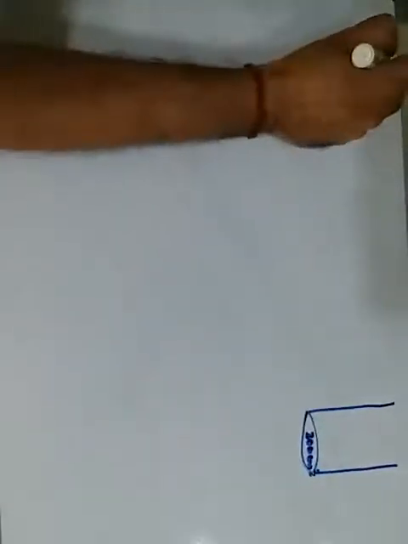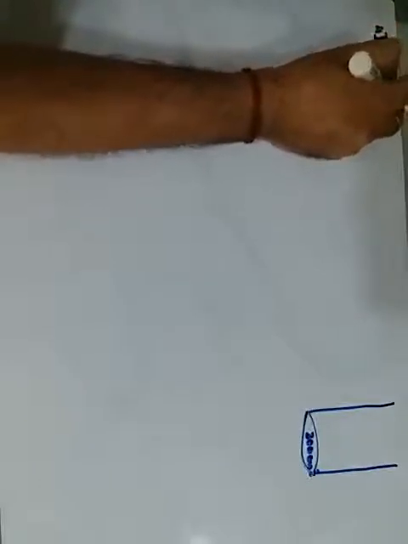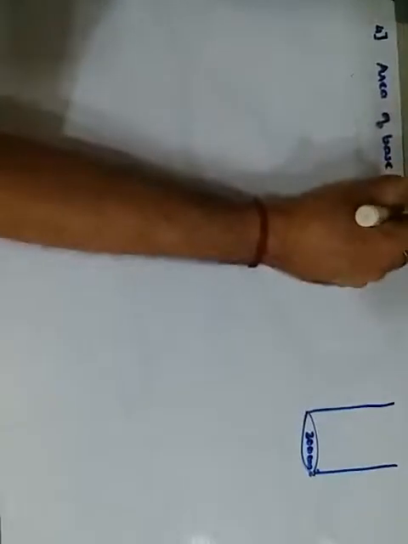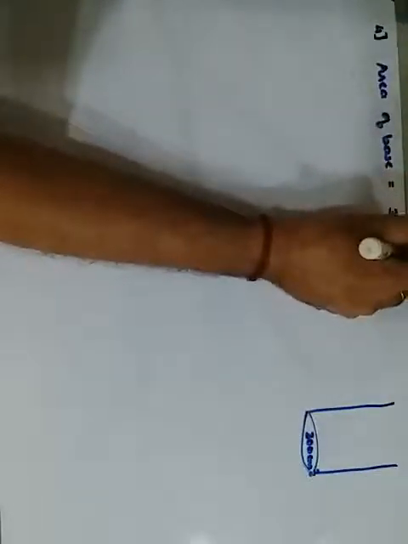Next is your fourth one, again an easier one, but pay attention to the conversion factors. The area of the base of the cylindrical vessel, again a cylindrical vessel, is given as 300 centimeter square, again centimeter square.